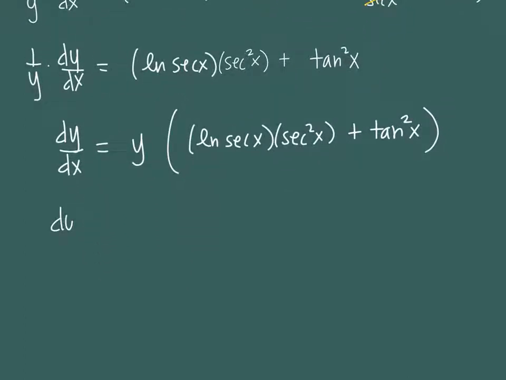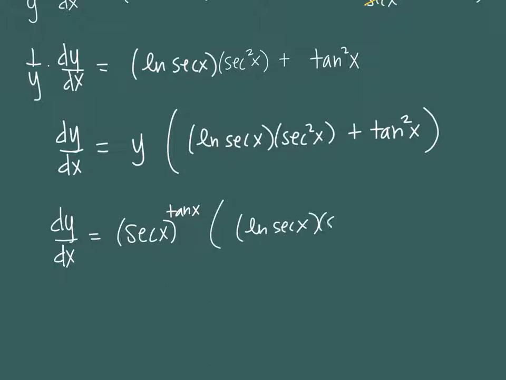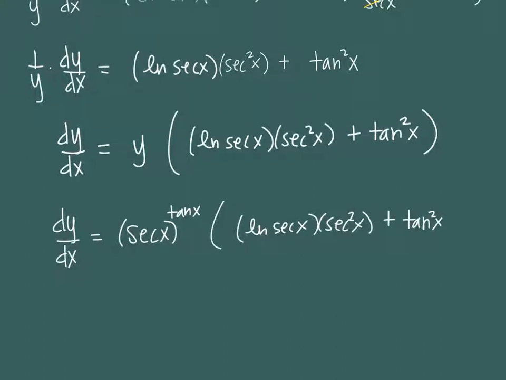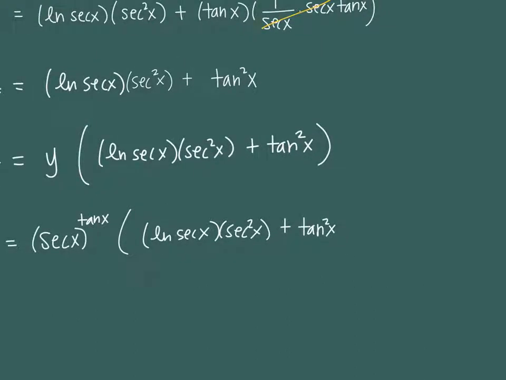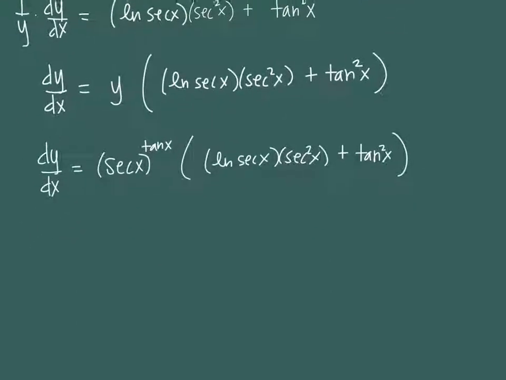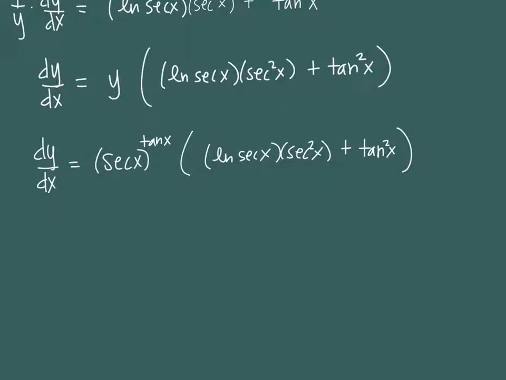So your final answer would be secant x to the tan x times the whole quantity, the natural log of secant x times secant squared plus tan squared. So you don't have to distribute, you don't have to clean it up or anything, just leave it undistributed like that as your final answer.